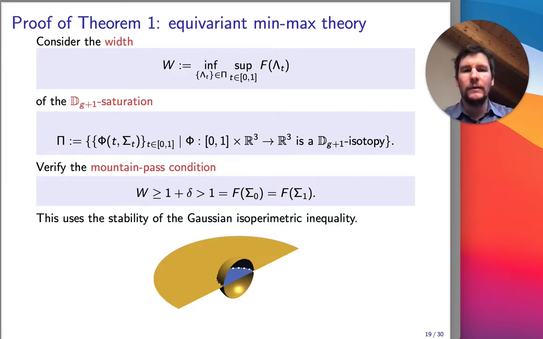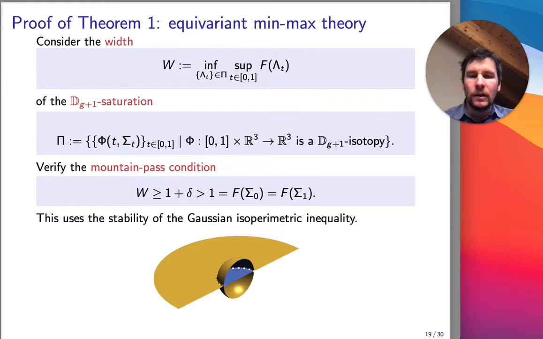Now we can also do this in an equivariant way. If they additionally have this D_{g+1} symmetry, then they need to be equivariant half spaces. There are actually very few of them. So there's the upper half space, the lower half space, and if the genus is very low, then there's maybe some other half space. But for high genus, there's only the upper and lower one.